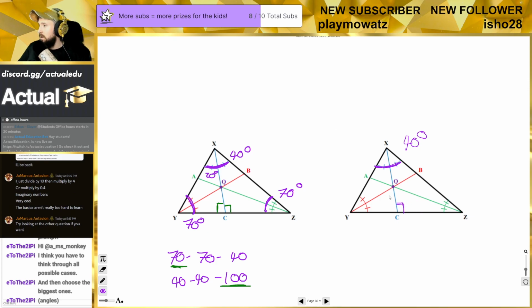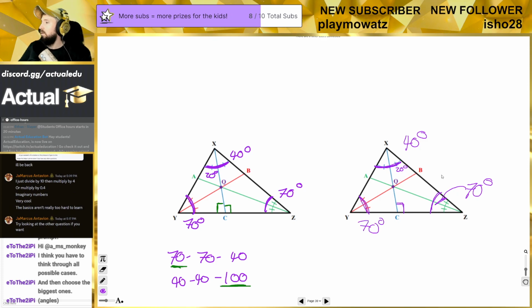Then in order for that to happen, this would be 20. So this part right here would have to be 70. Like this whole thing, if this is 90, this is 20, this is 70. So then this would also have to be 70.